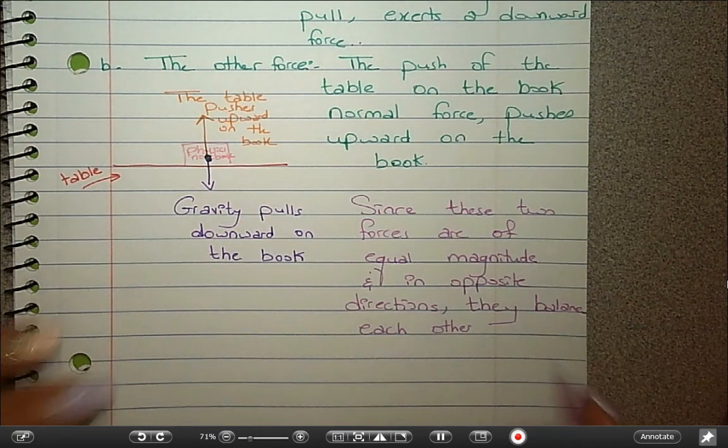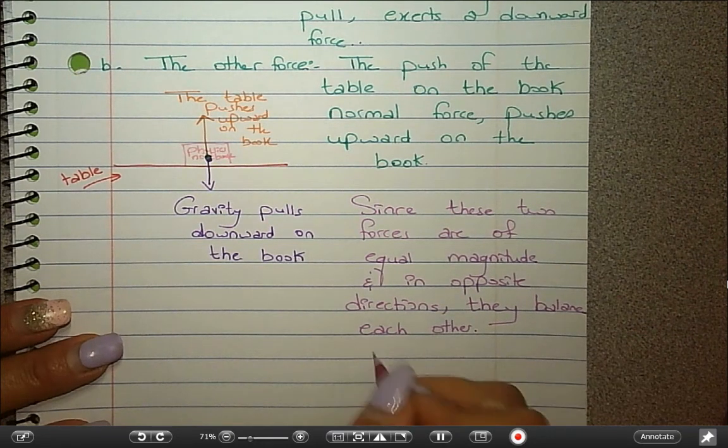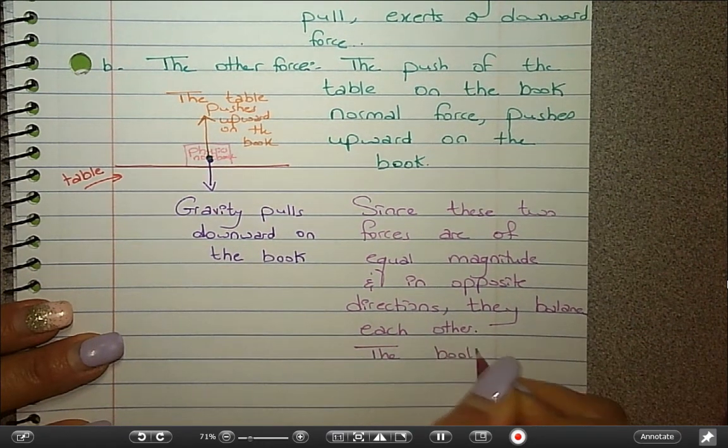So we say that the book is said to be at equilibrium.